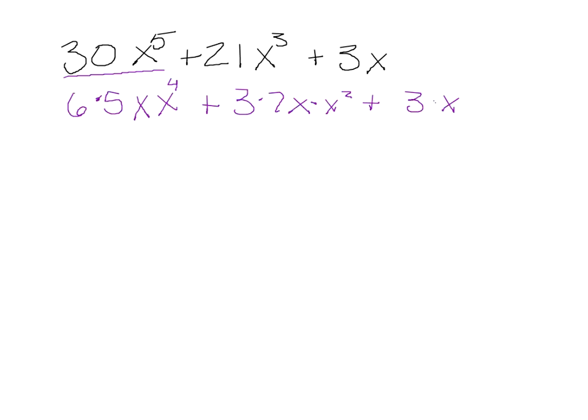Now as I look through here, 2 of the terms have a 3, and this one, if I refactor this term, instead of 6 and 5, I did it as 3 and 10. So I did that on purpose so I could show you that you don't have to get it right the first time.